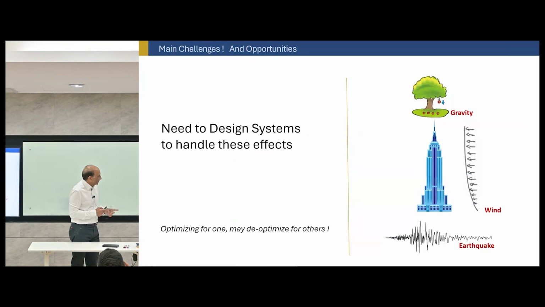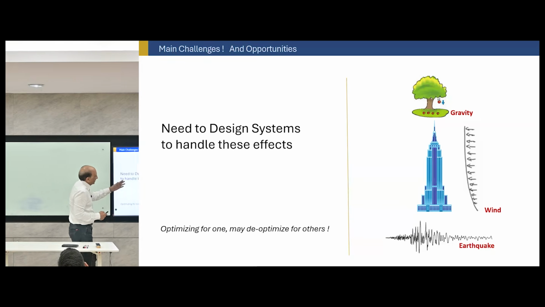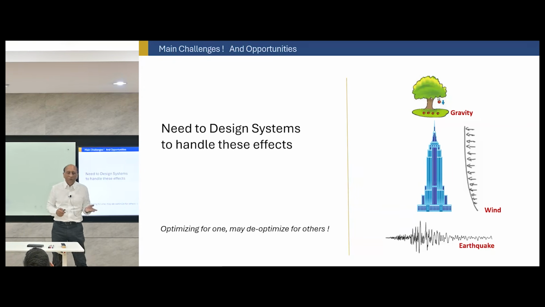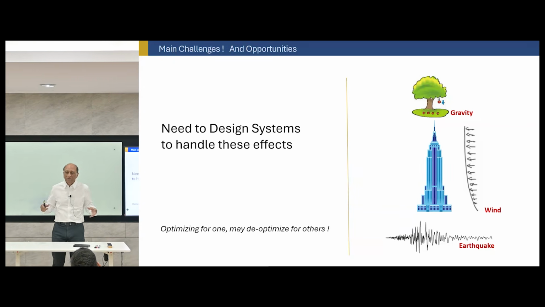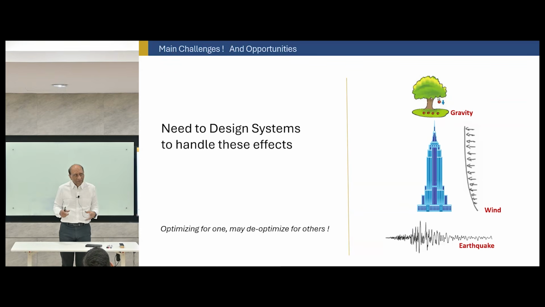Once again, we have three loads: gravity, wind, and earthquake. Gravity, we already discussed, is stiffness-based distribution, which is easier. Most of the loads are rather static most of the time, especially in buildings. So you can do a normal analysis, even hand calculation; bending moment can be calculated, tables can be used.